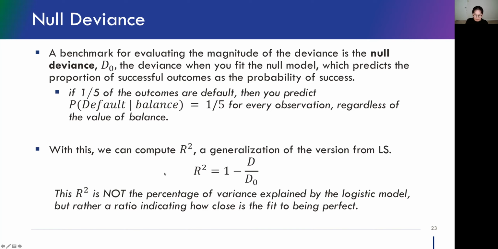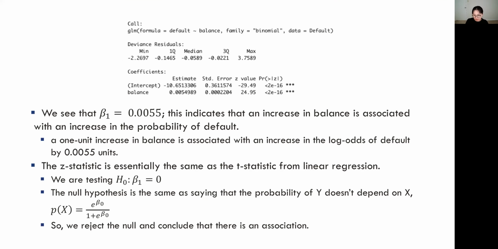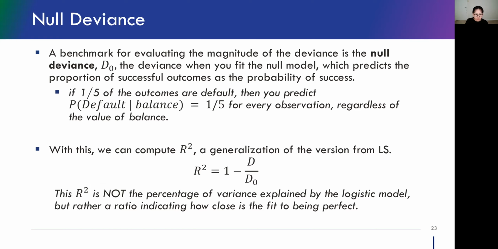So this R square is no longer the percentage of variance explained by the logistic model, but a ratio indicating how close the fit is to being perfect, because we're using the deviance. This is important to know. We will definitely calculate the deviance from R, do comparisons between models using the value of deviance, and even do testing.